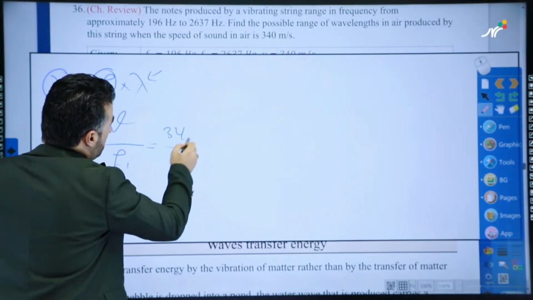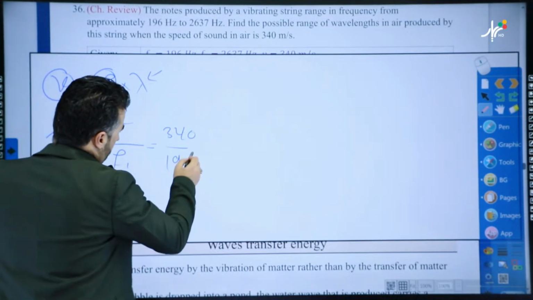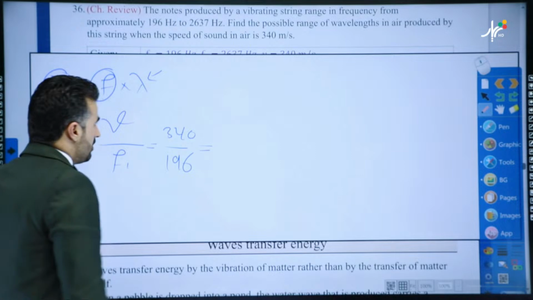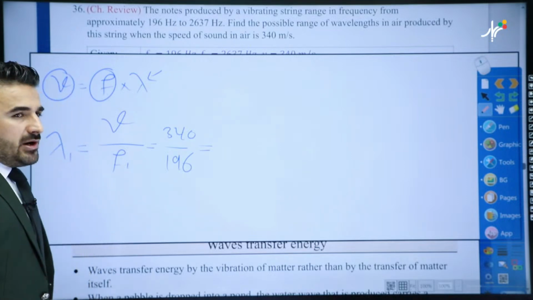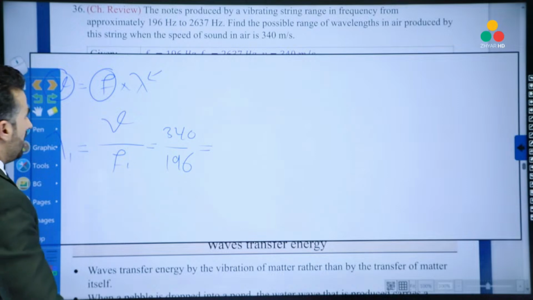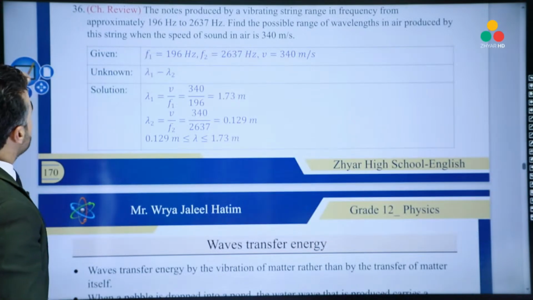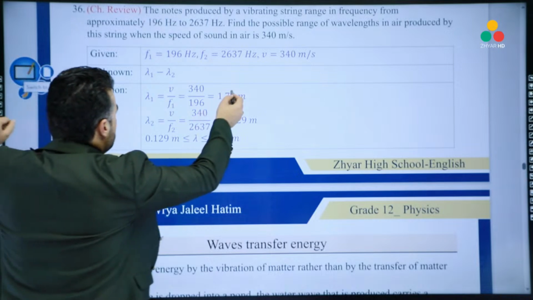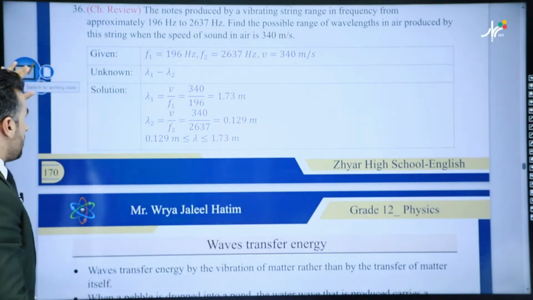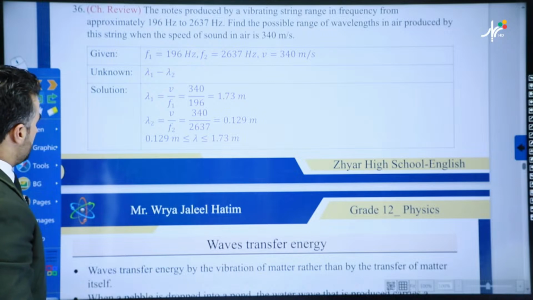That is 340 divided by the first frequency, 196. So 340 divided by 196. Let's see what the answer is. The answer is 1.73 meters.